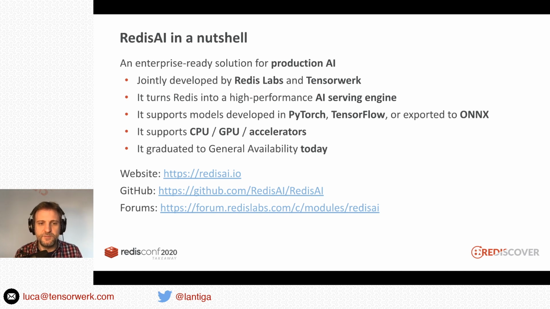It supports CPU, GPU, or other accelerators, whatever the backend supports, and we'll talk about backends in a second. We announced RedisAI last year as a prototype Redis module, and now it's entering general availability.